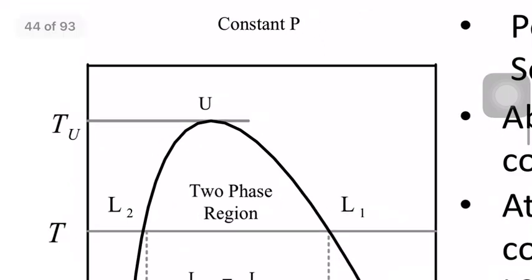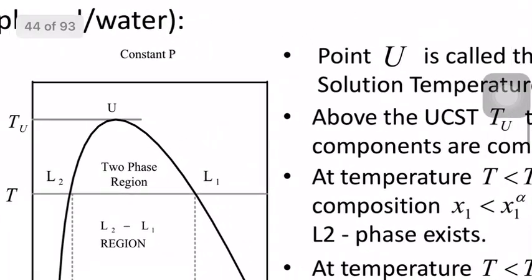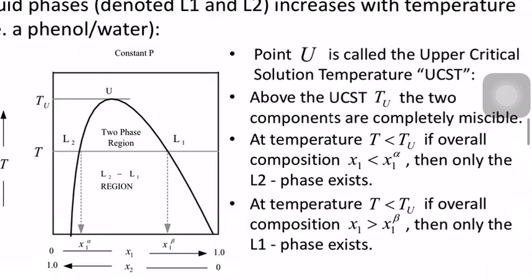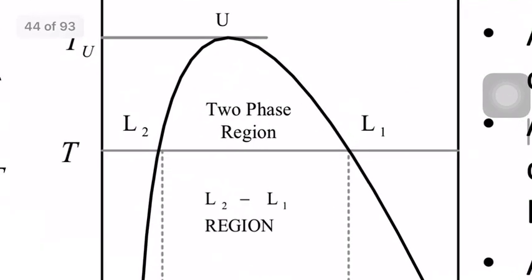By increasing the amount of component 1, we reach another one-phase region, where we have a high amount of component number 1 and x2 is small.